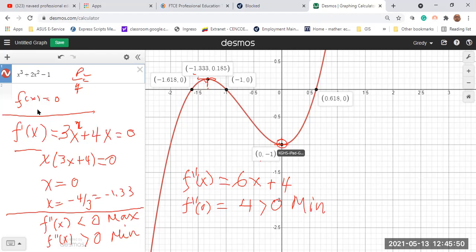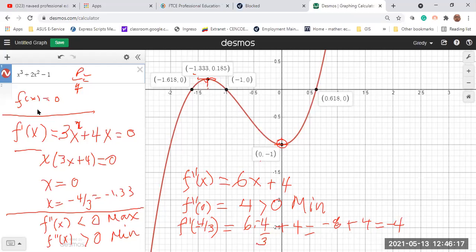When x is equal to minus 4/3, it is 6 times minus 4/3, plus 4, which is minus 8 plus 4, which is minus 4.